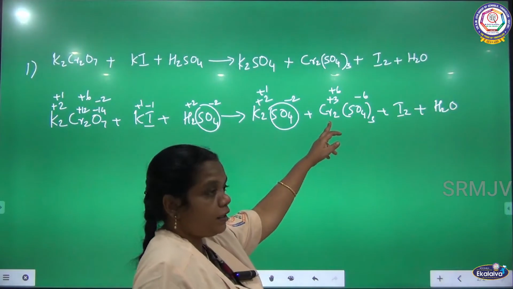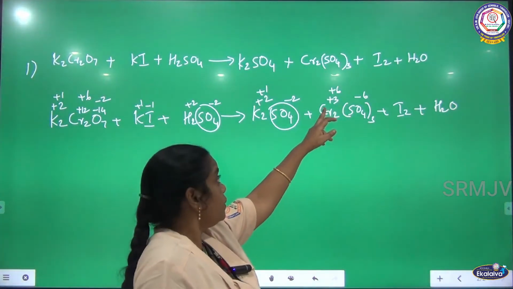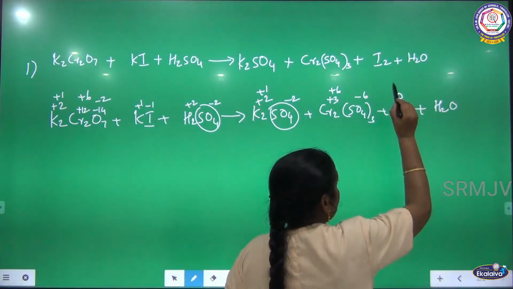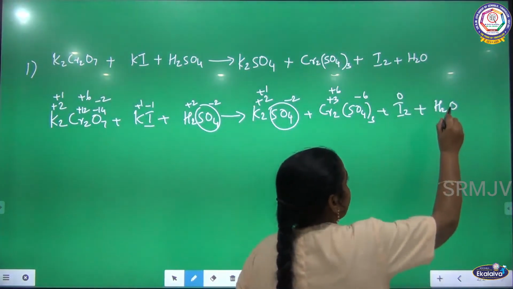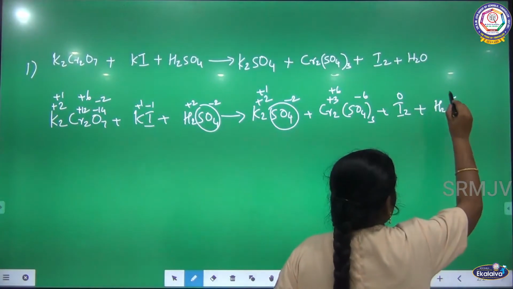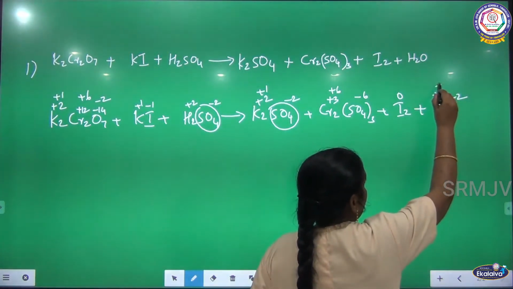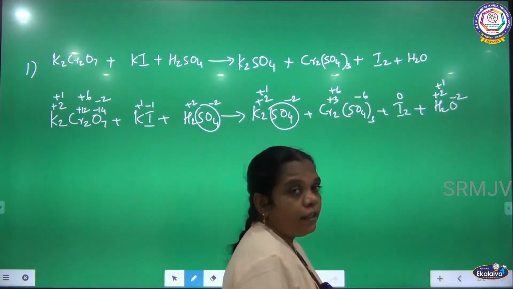The oxidation state of chromium is +3, and the iodine molecule has oxidation state 0. In water, oxygen is -2 and the actual oxidation state of hydrogen is +1.